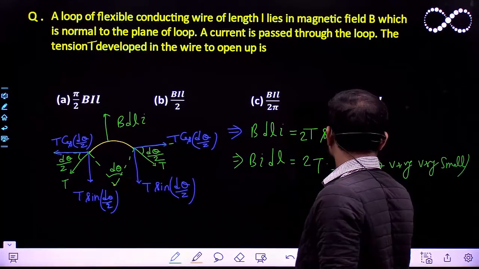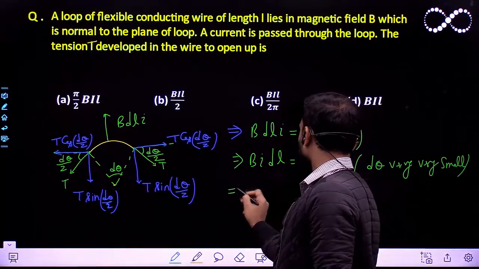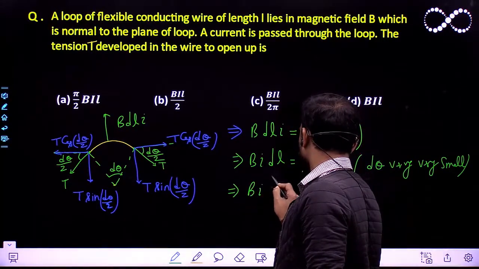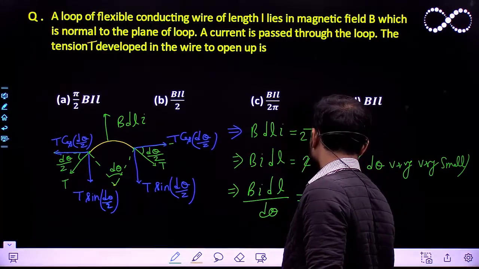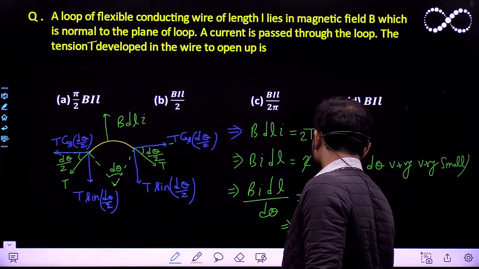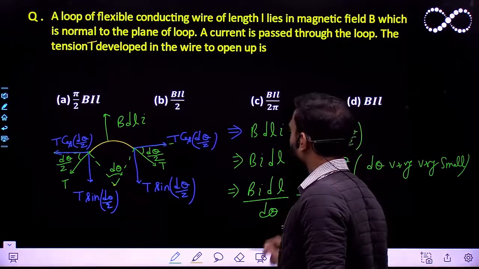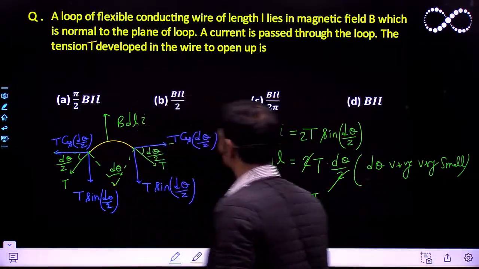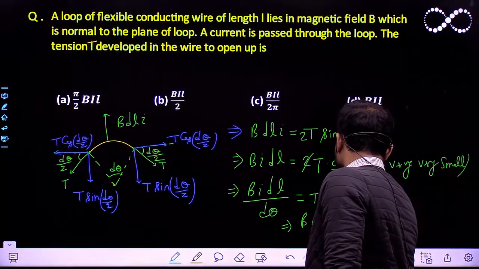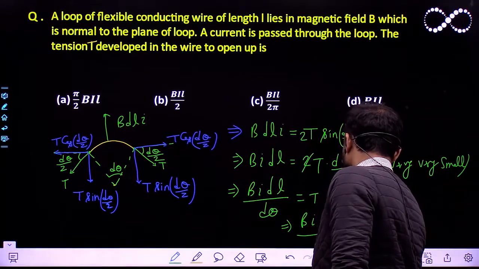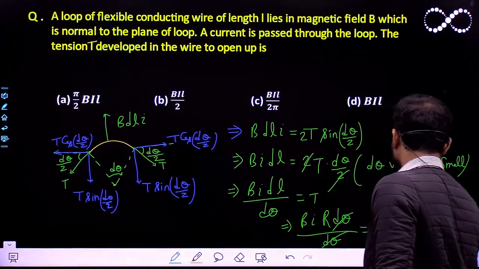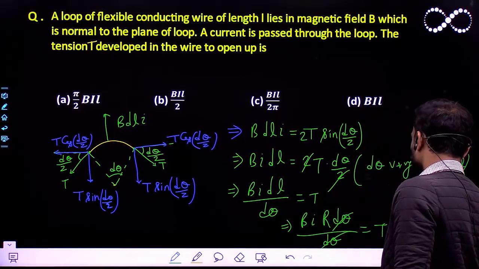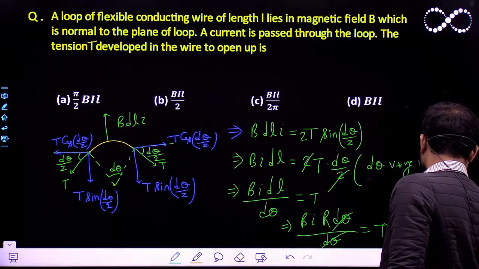Now these two will get cancelled out, and B I dl upon d theta will be equal to T. Now dl must be equal to r d theta. So B I r d theta upon d theta is equal to T, and this will get cancelled out. From here I can say T will be equal to B I r.